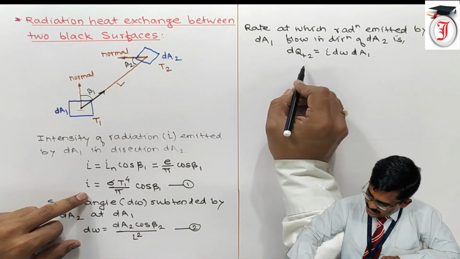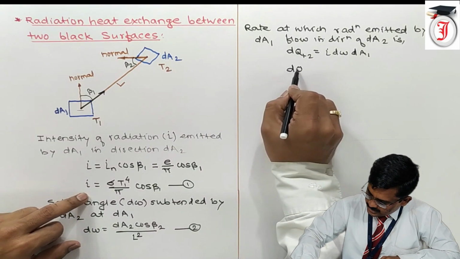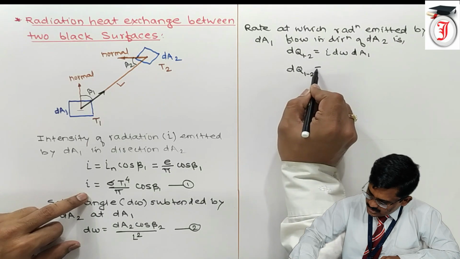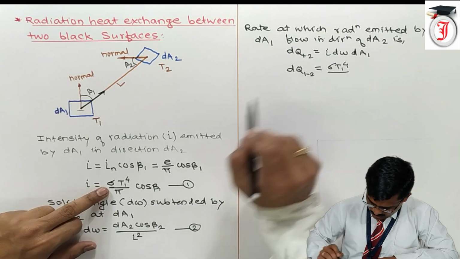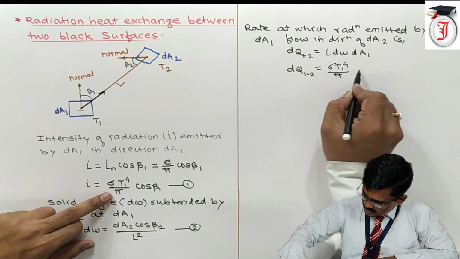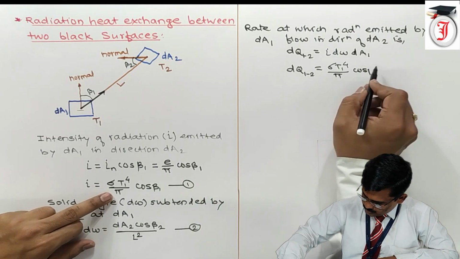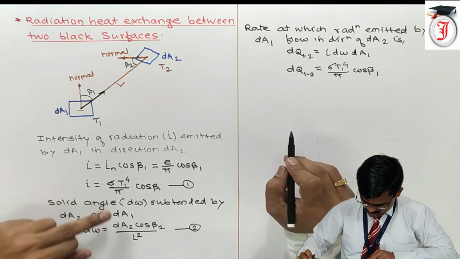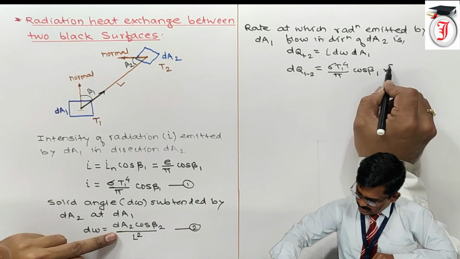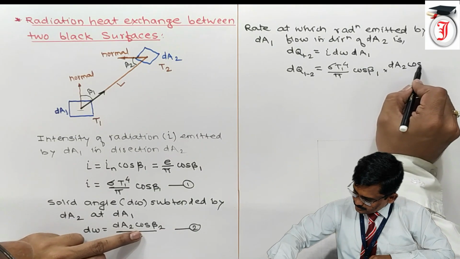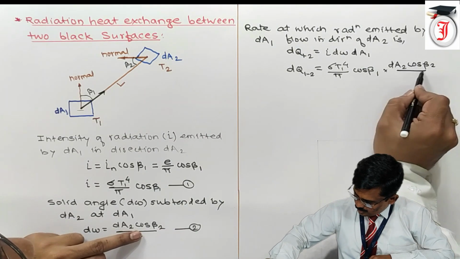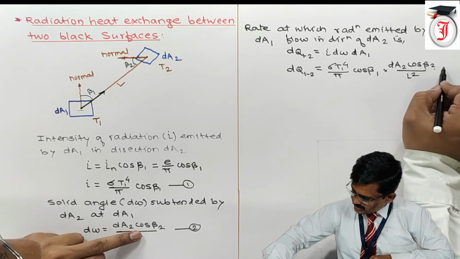So dq1 to 2 is equal to sigma T1 raised to 4 upon pi, cos beta 1 into dA2 cos beta 2 upon L square into dA1.